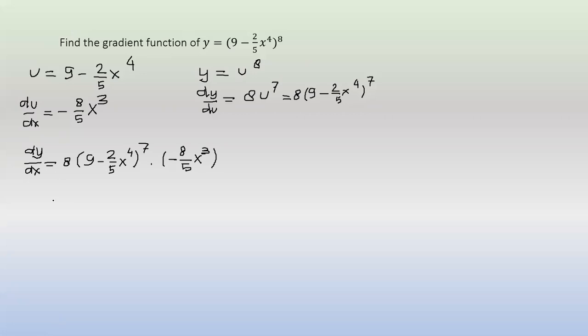Now this term times 8 becomes negative 64/5 x cubed times (9 minus 2/5 x to the power 4) to the power 7. So this is the gradient function, or the first derivative, of the function (9 minus 2/5 x to the power 4) to the power 8.